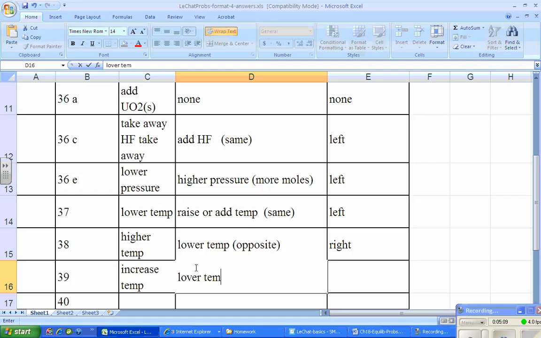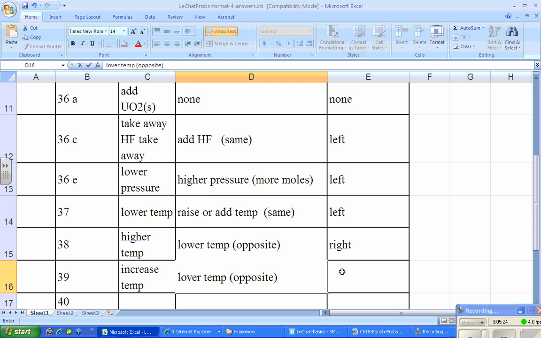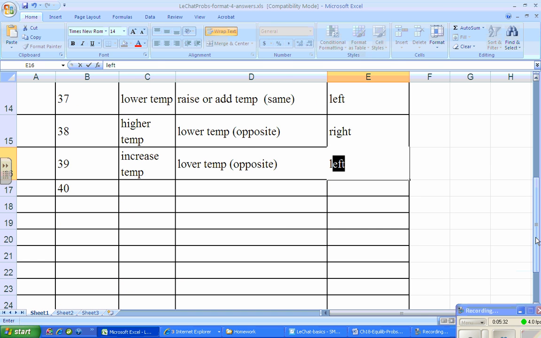Lower temp. And if we want to lower, we have to go opposite. Once we know that it's going to be opposite, we have to know which side the heat is on. And since it's on the right, we are going to go to the left, because it has to be opposite of right. And that's all there is to that problem.